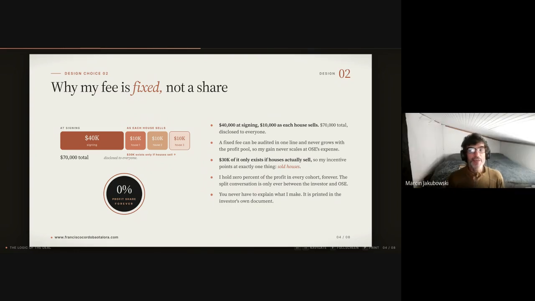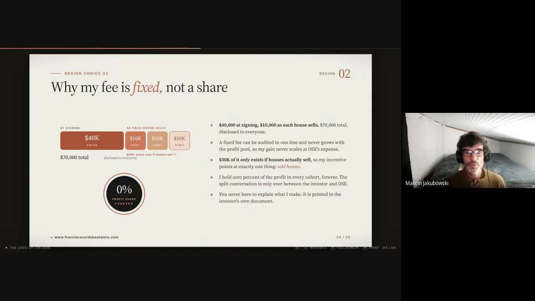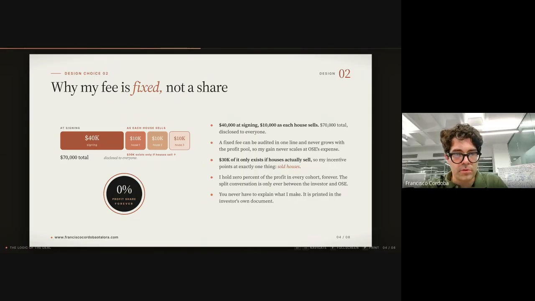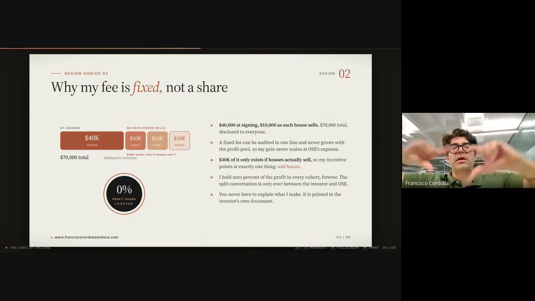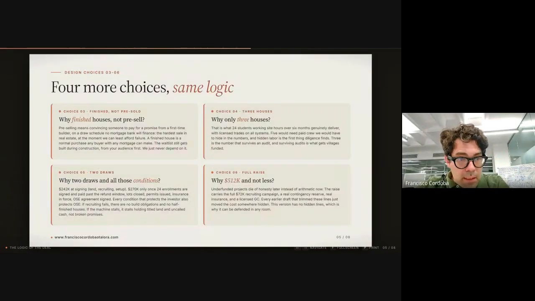But also cap that from being a perverse incentive, because making the house expensive is not consistent with OSE goals. Our goal is to make the house cheaper, right? So we want to make sure we address that. True. We have ranges, of course. It's not going to be crazy.